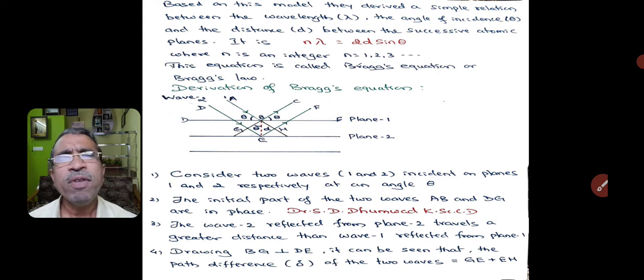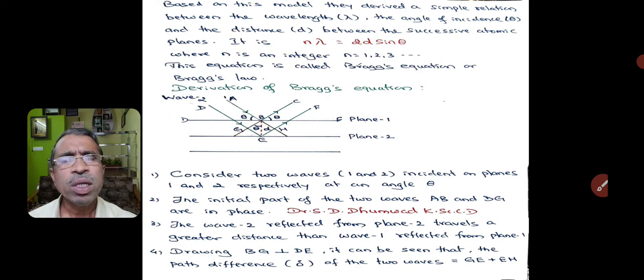So they derived the equation nλ = 2d sin θ, where n is an integer known as 1, 2, 3. It is called the first order reflection, second order reflection, and so on. This equation is called Bragg's equation or Bragg's law.